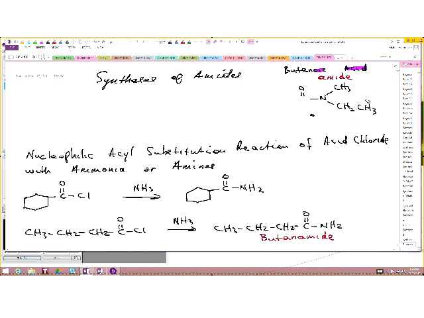In this case we call this here a primary amide.